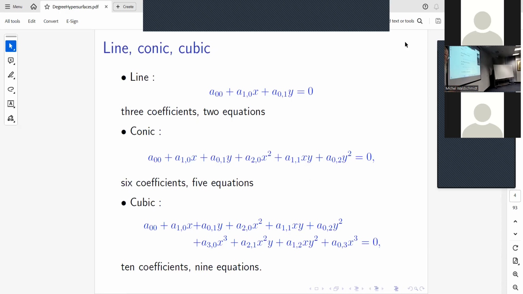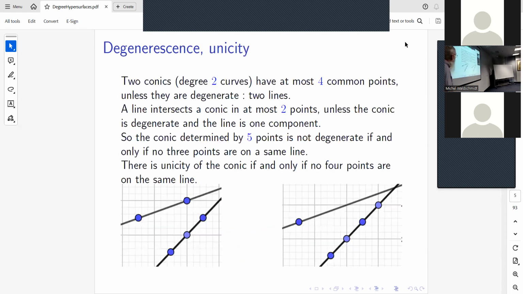For the conic, the number of coefficients is 6, which means that we can solve 5 equations. So if we have 5 points, we can always find a conic which passes through these points. And for a cubic, you count the number of coefficients, you find 6 plus 4, and so you can solve 9 equations. So this is just linear algebra.